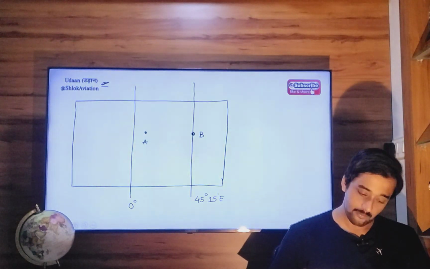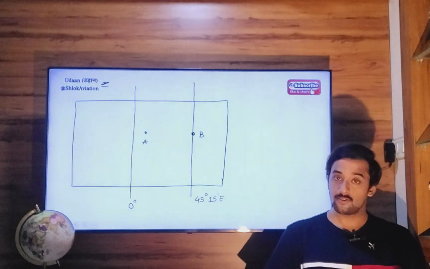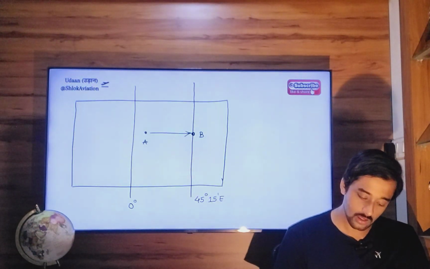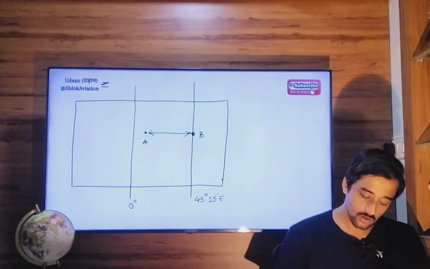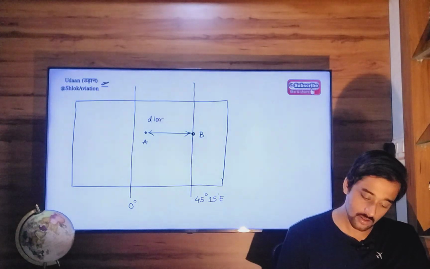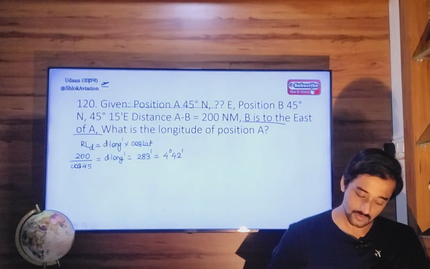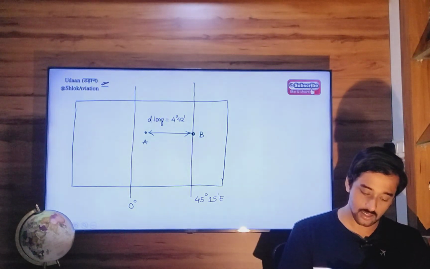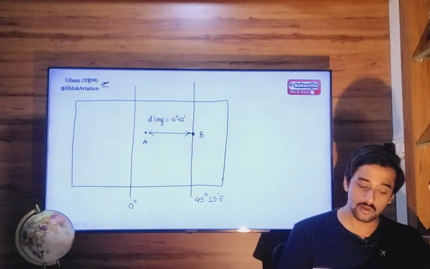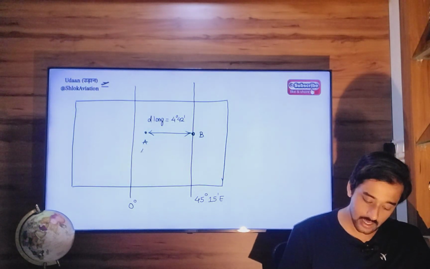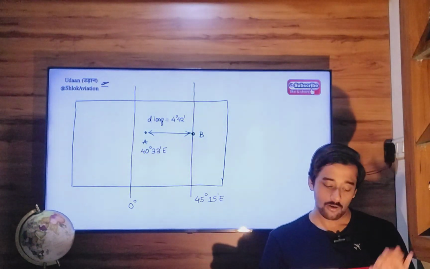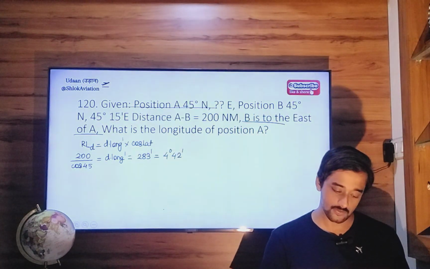So Bravo is 45 degrees 15 minutes. The d long between them is very small. So 45 degrees 15 minutes minus 4 degrees 42 minutes is 40 degrees 33 minutes east. So the longitude of A is 40 degrees 33 minutes east.